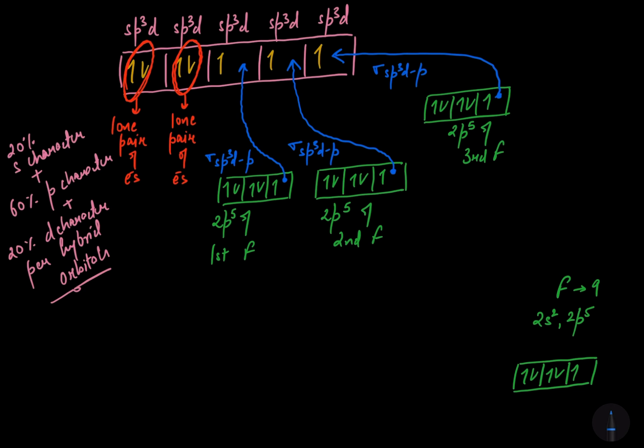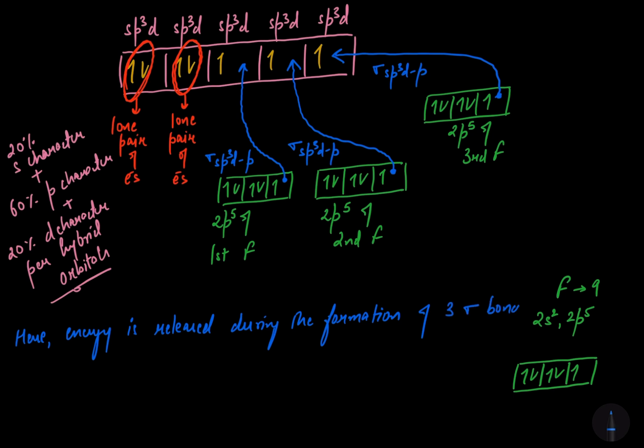So I am writing here, energy is released during the formation of 3 sigma bonds between hybrid orbitals of bromine and p orbitals of fluorine.